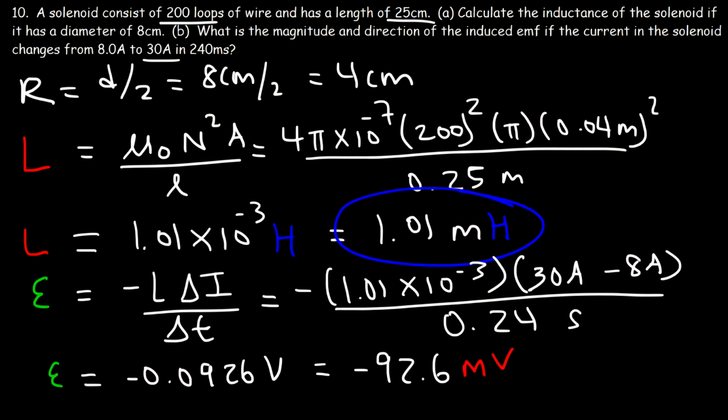Now, because the EMF is negative, that means that the induced current is opposite in direction to the original current that created it. So let's say if this is the solenoid, and this is the original current.